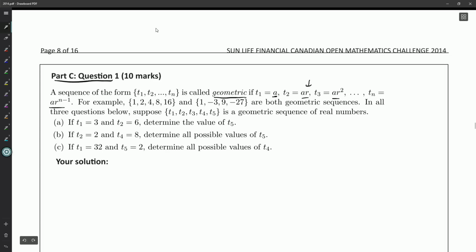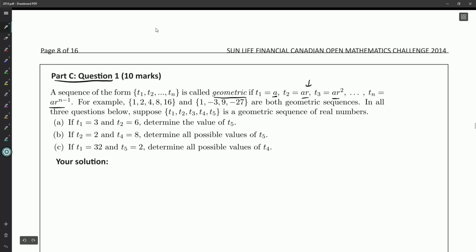For example, 1, 2, 4, 8, 16. Misspoke there. This is geometric because you just multiply by 2 each time to get the new term. And 1, negative 3, 9, negative 27 also works. Something else, you could have 2, 6, 18, multiplying by 3 each time. So these are geometric sequences.